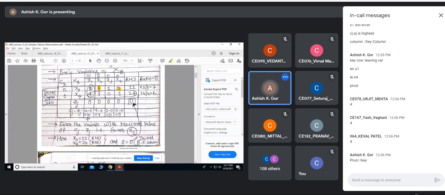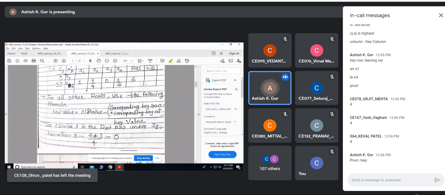So the corresponding key row element is 3, the key column element is 3. So 3 into 3 divided by 4. What is 4? Pivot or key value. And you have to subtract this from the old value. So the old value is what? This is the old value, 3. So 3 minus 9 by 4.